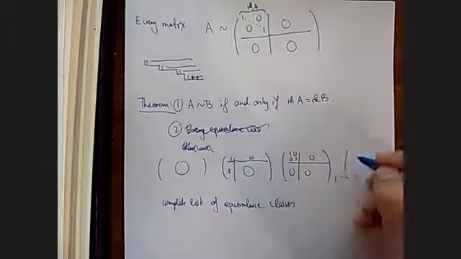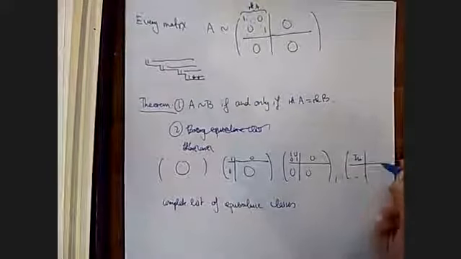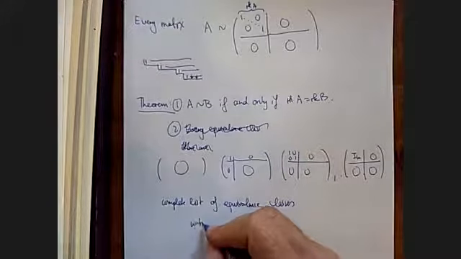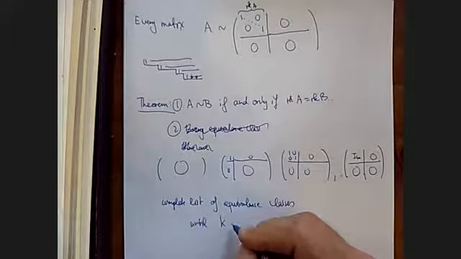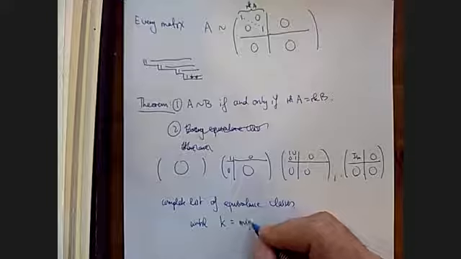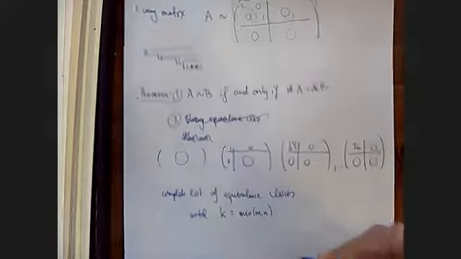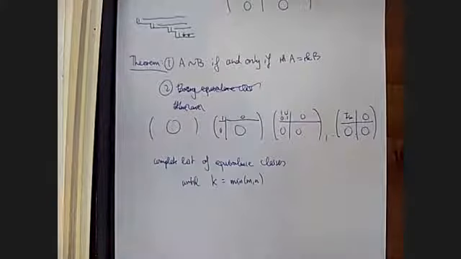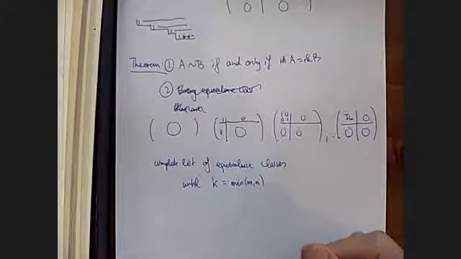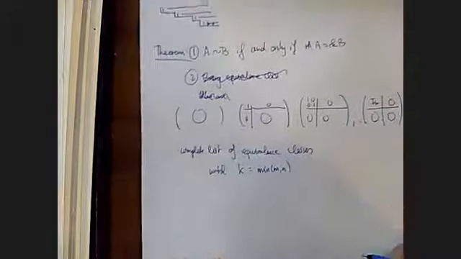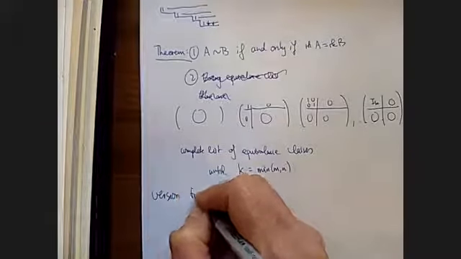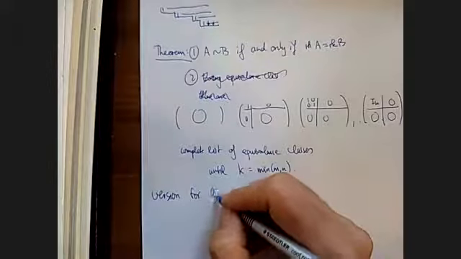And this goes until K is equal to the smaller of M and N. We can also state a version of this for linear maps.